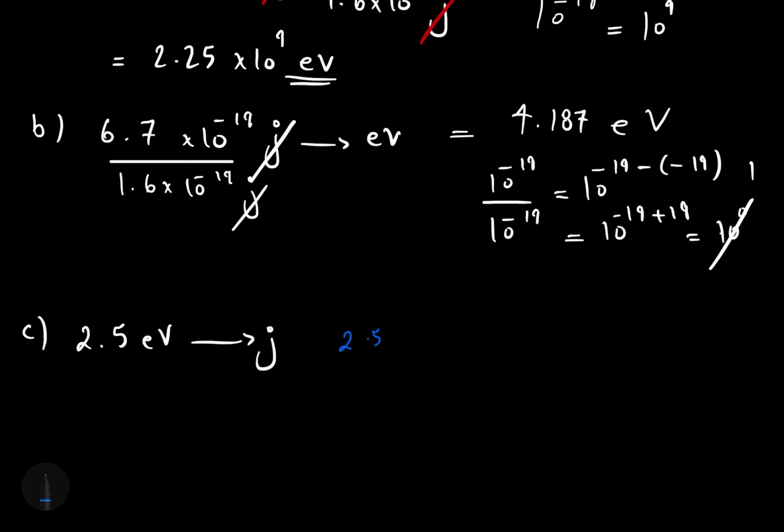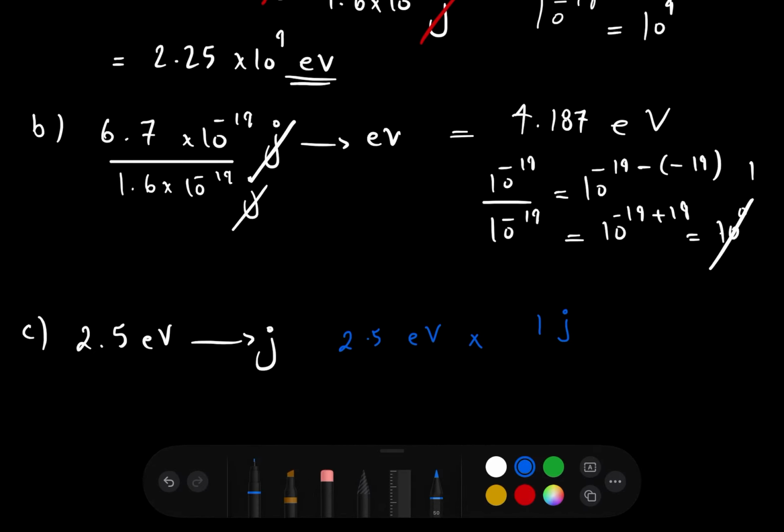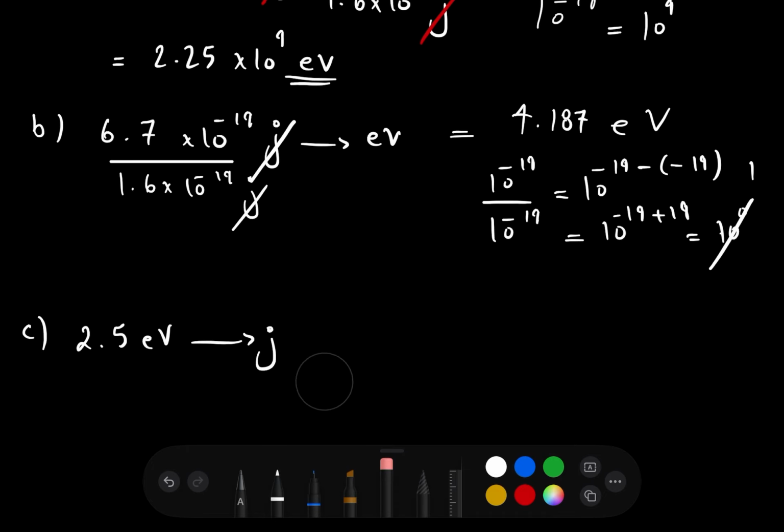Now, 2.5 electron volts should be multiplied by 1 joule, and we know that 1 electron volt is technically going to be 1.6 times 10 to the power of negative 19 joules.